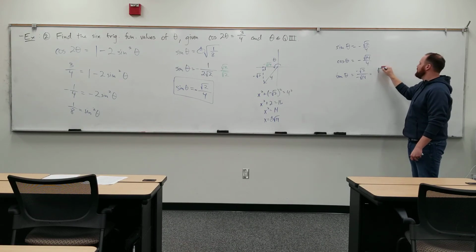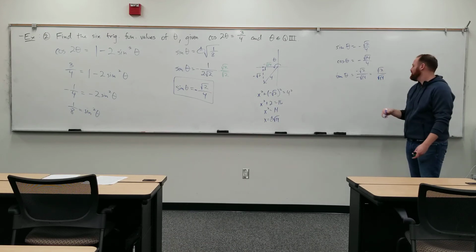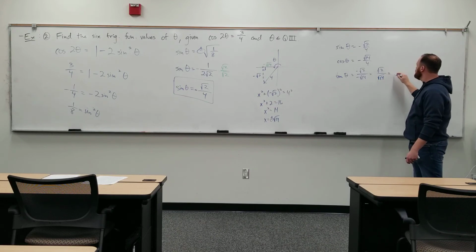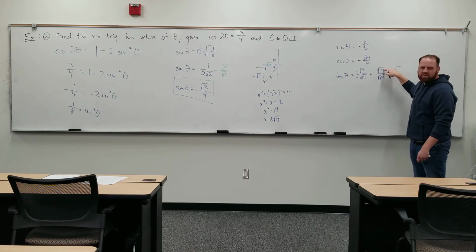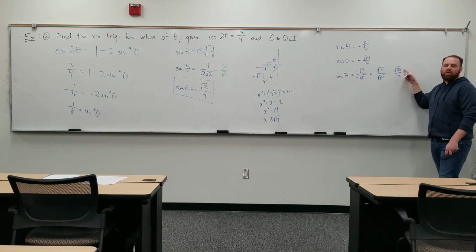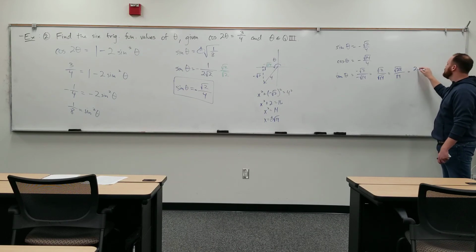Gosh, I don't really care about rationalizing all that much, but I think your book does. So if you want to rationalize it, then we multiply by root 14, and we get square root of 28 over 14, since 14 times 2 is 28, right? Oh, but 4 goes into 28, so we could call this 2 root 7 over 14.